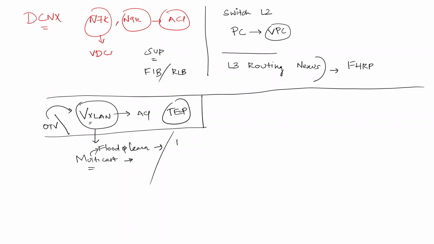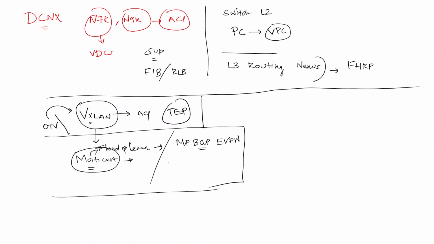Then we will learn MP-BGP EVPN. Now that is again a different control plane of the VXLAN, because multicast is not preferred always. So when you don't want multicast but you still want to achieve a control plane for your VXLAN, we will go for MP-BGP EVPN. So we will learn about these things.